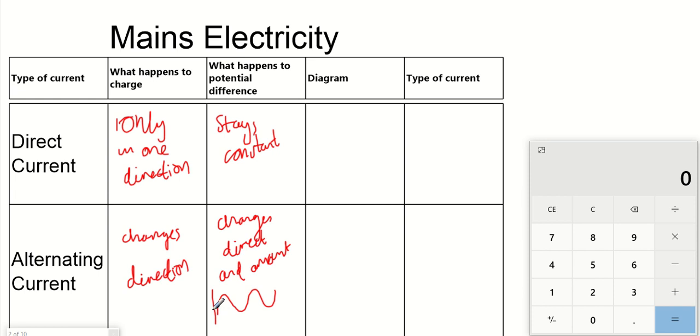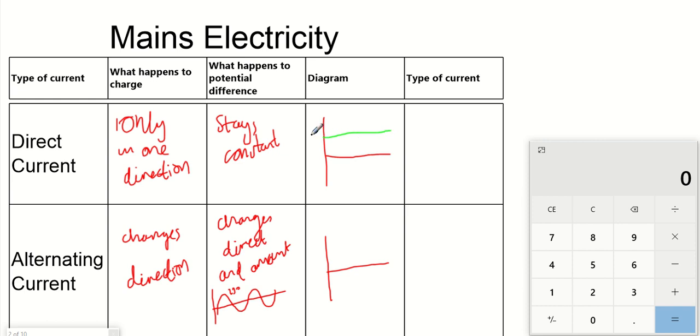Okay, if we were to draw an axis showing this, our peak, if it's 230, is up here, but it goes up, changes, it's still going in that direction, but it's less, and then changes direction, and then changes direction again. So that's our alternating current. Our diagram would be exactly that. Here is my axis for both of them, and if we put a different colour on there, let's have a green colour to show direct current.